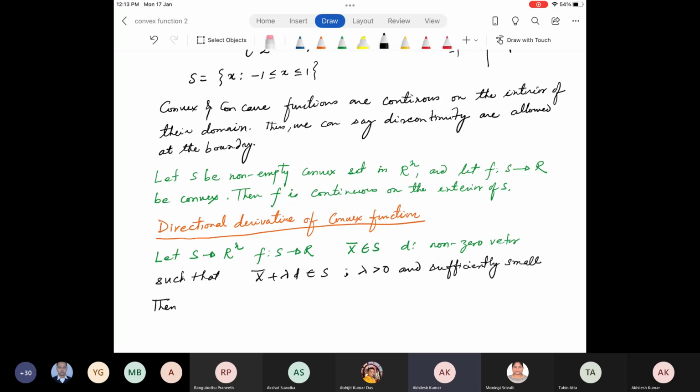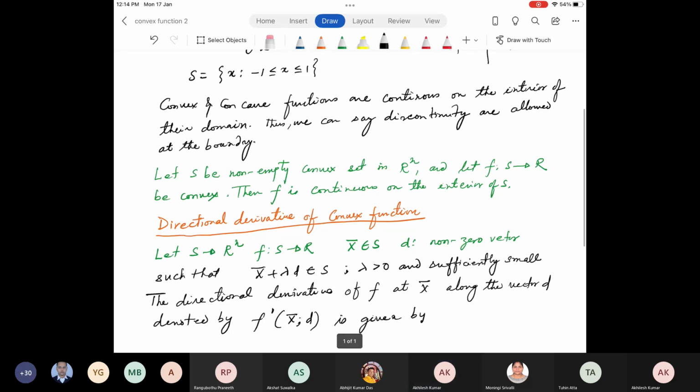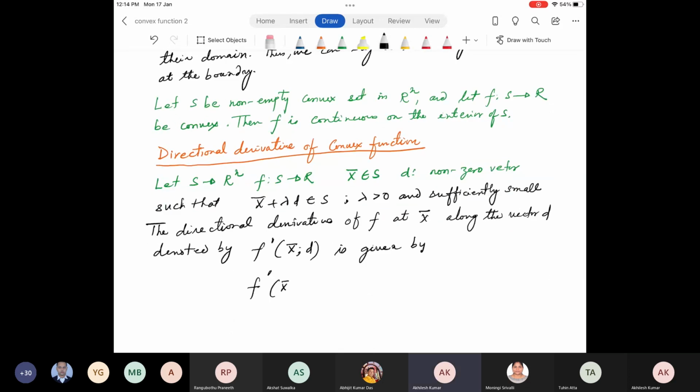Then the directional derivative of f at x bar along the vector d, denoted by f dash x bar d, is given by f dash x bar d equals the limit as lambda goes to 0 plus, only positive values, of f of x bar plus lambda d minus f of x bar, divided by lambda.